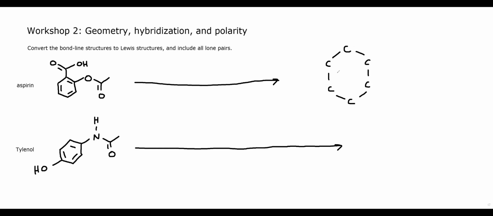Okay, so we'll start with that 6-membered ring. We have 3 double bonds in the ring, alternating. This carbon up here is connected to an oxygen, which is connected to another carbon, which is connected to a CH3. And this carbon here has a double bonded oxygen on it.